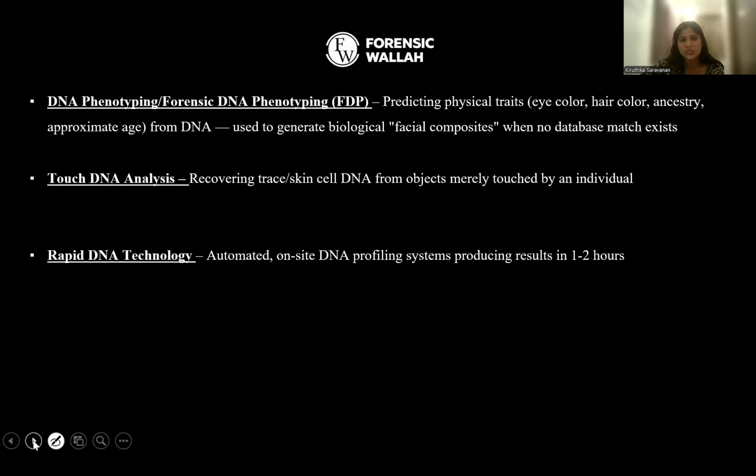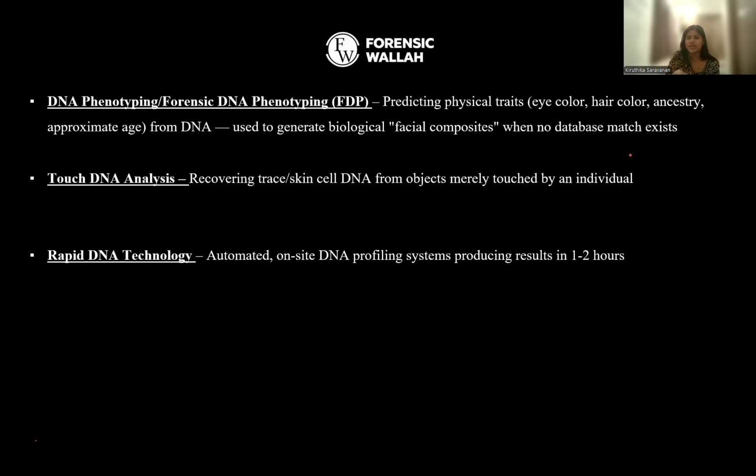Now, forensic DNA phenotyping. As I told you, it predicts physical traits, used where there is no DNA database to match against.